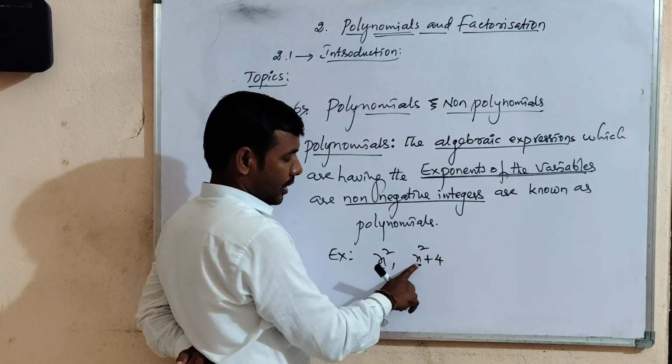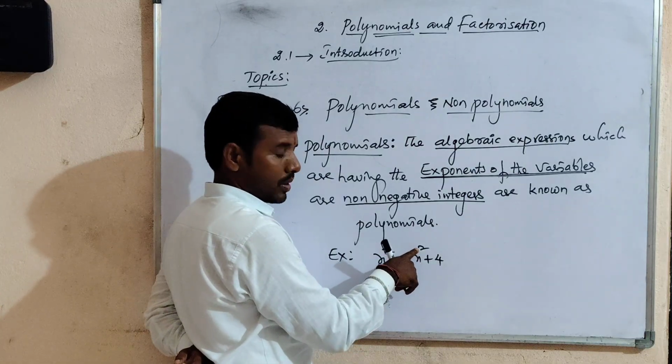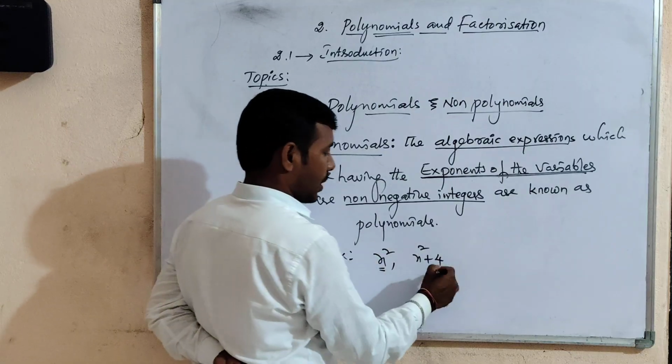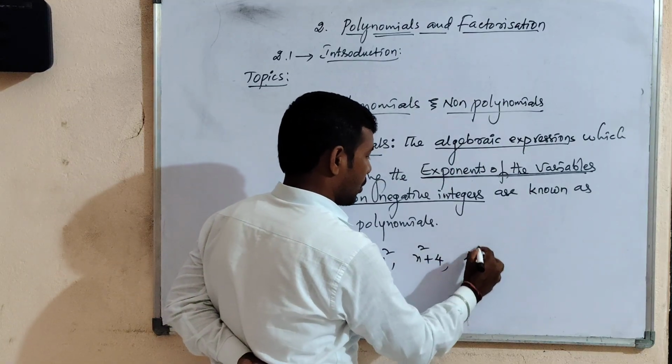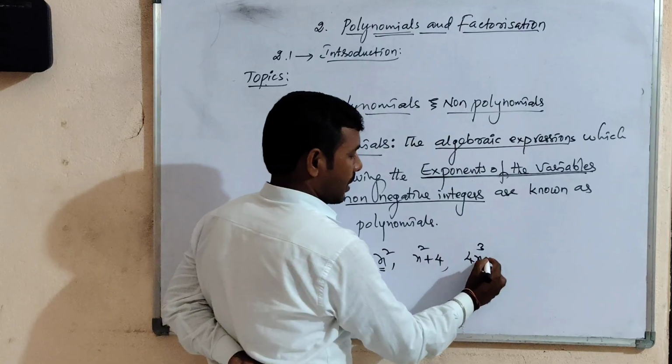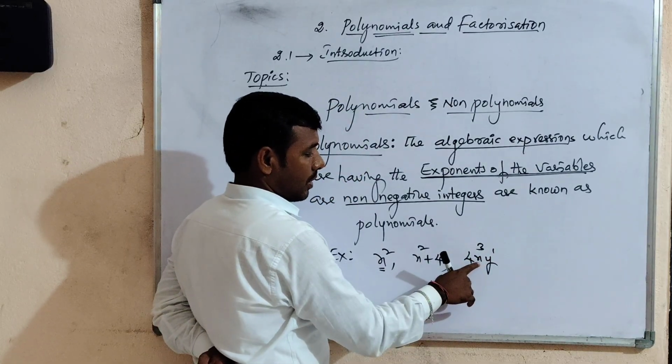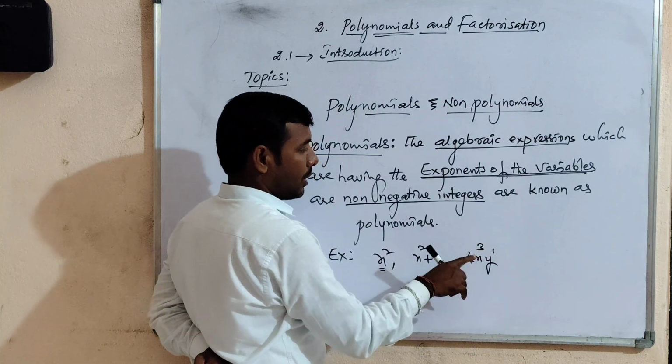Here the variable is x, its exponent is a whole number. Here the variable is x, its exponent is a whole number. I want to write a few more: 4x to the power of 3.